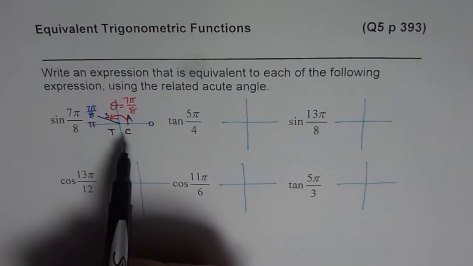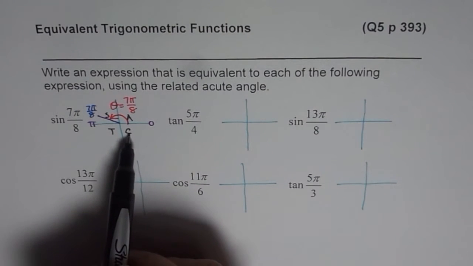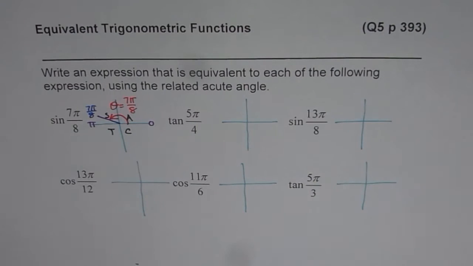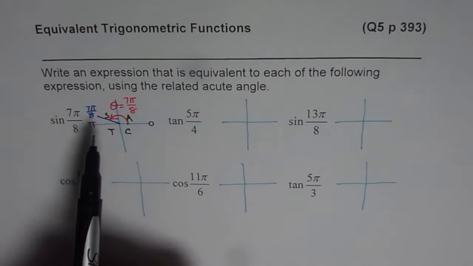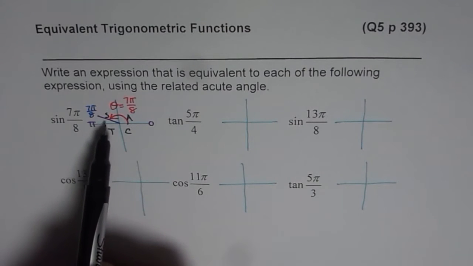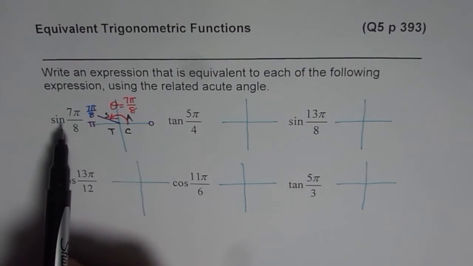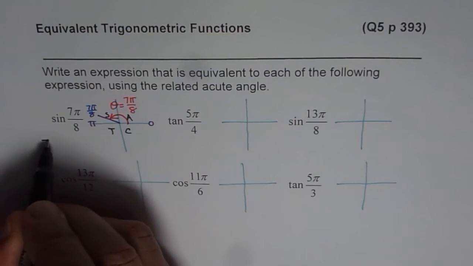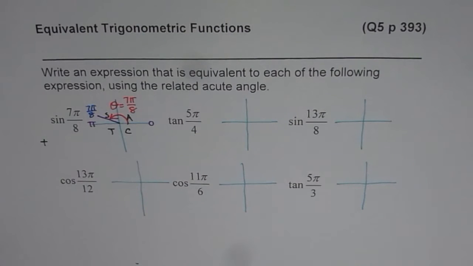As you remember, CAST rule, right? C is for cos. Anyway, you now know that sine 7 pi by 8, since it is principal angle where the terminal arm is in quadrant 2, this value is going to be positive, right? So you're looking for a positive answer.